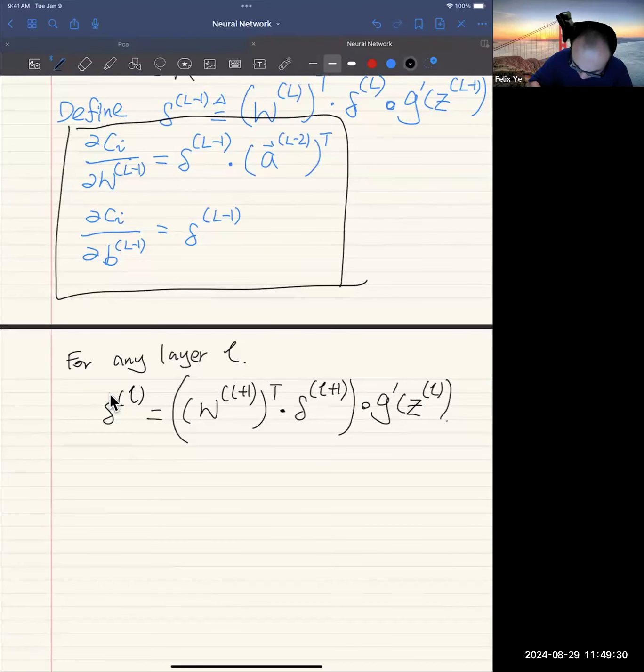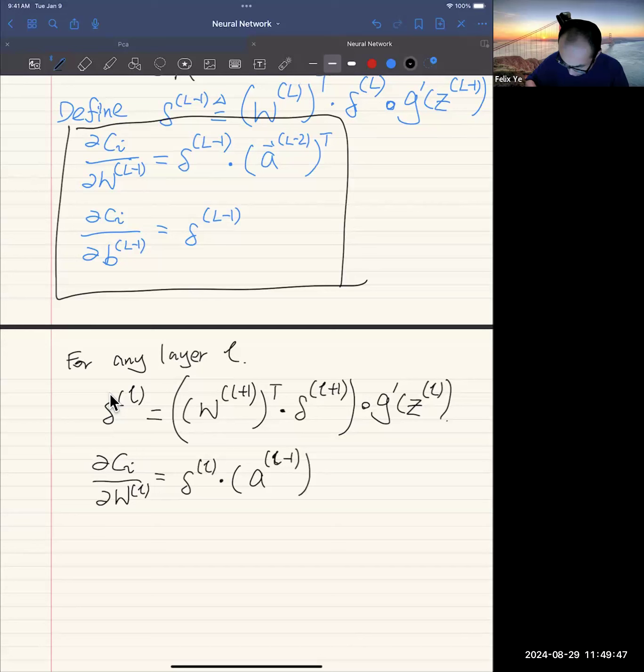Then partial C_i, partial W_L is nothing but delta_L multiplied by the A_{L-1} vector transpose. And partial C_i, partial b_L is nothing but just delta_L.